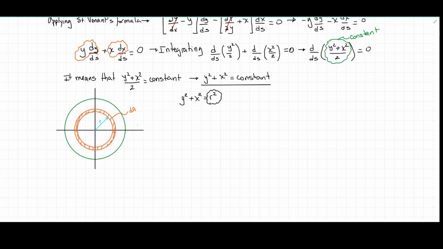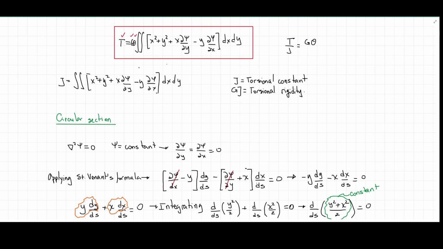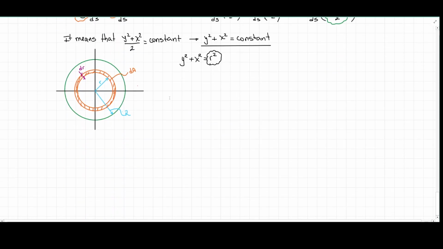The distance from the center to the outer circle, I'm going to call it uppercase R. And the thickness of this ring, I'm going to call it differential of radius, dr. Let's find out the torsional constant, this one here.